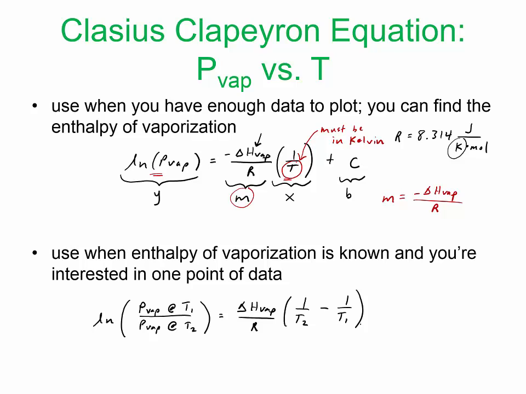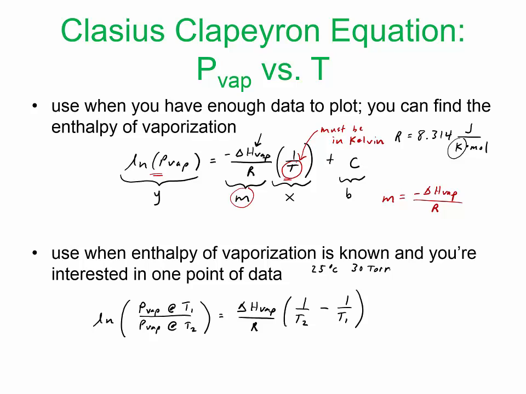When would you be using this equation? When you have a problem such as this. Let's say we know that at 25 degrees Celsius, water's vapor pressure is like 30 torr, for instance.